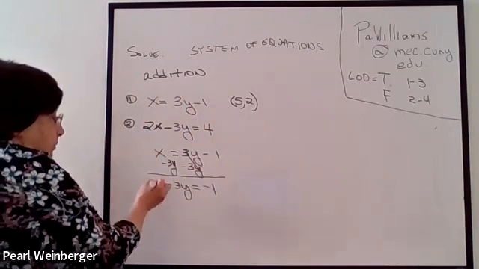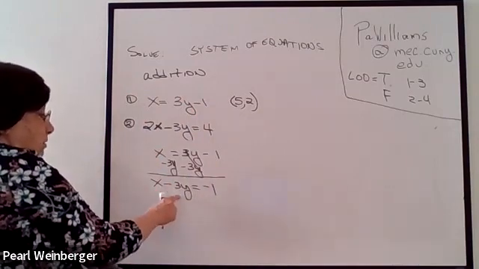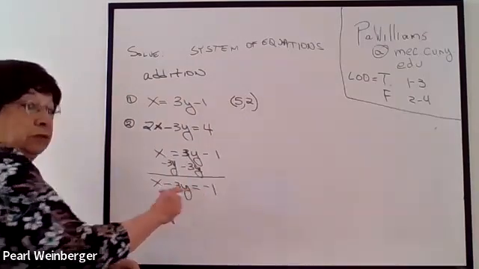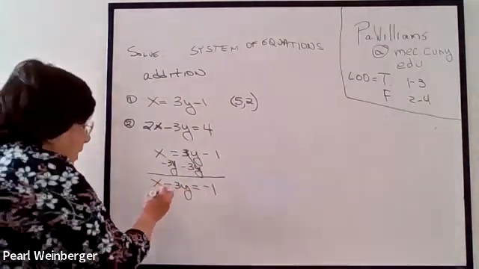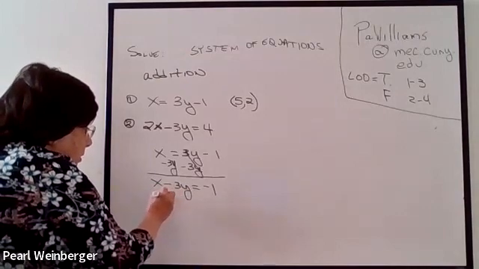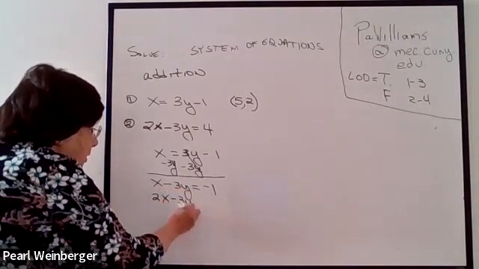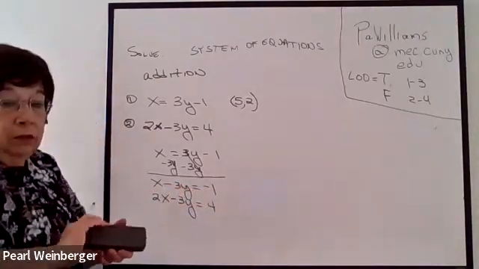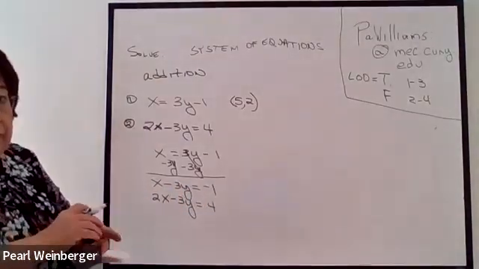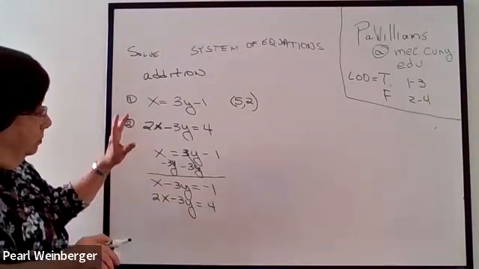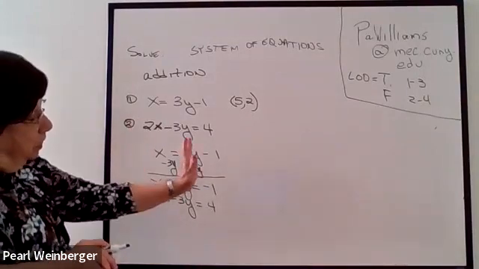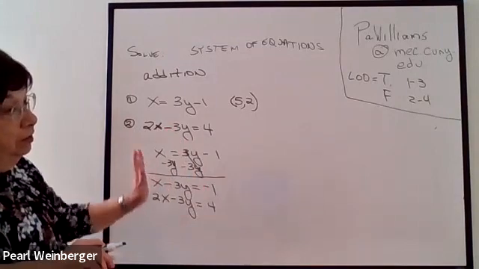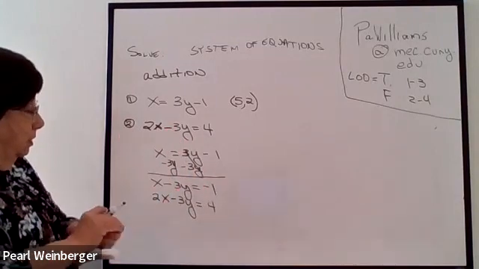Now my system of equations consists of x minus 3y equals -1 and 2x minus 3y equals 4. So now I have them set up the way I like it for the elimination, the addition method.